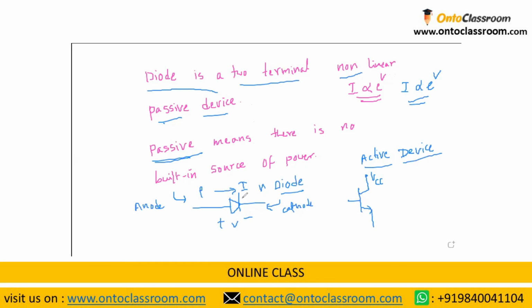Therefore, diode is a two-terminal non-linear passive device, whereas the BJT is the proper example for the active device. So thank you so much.